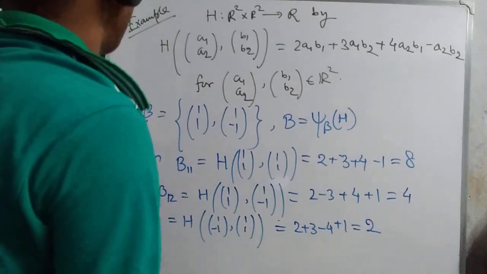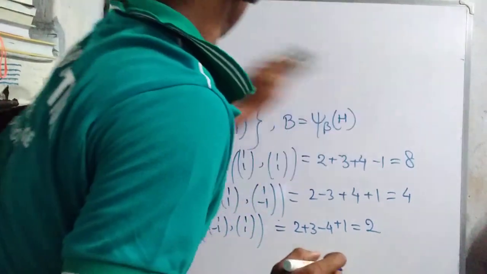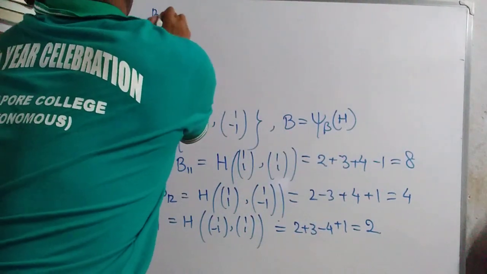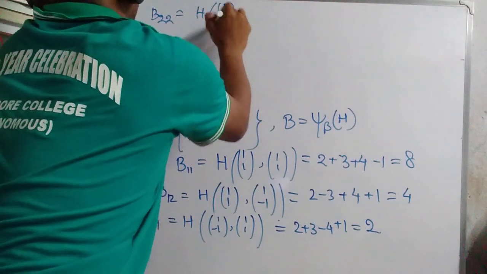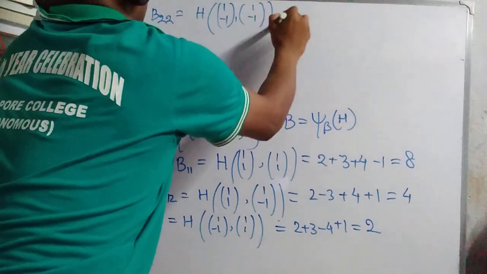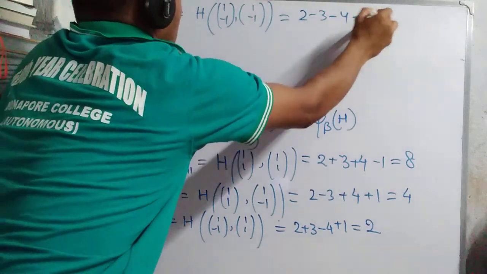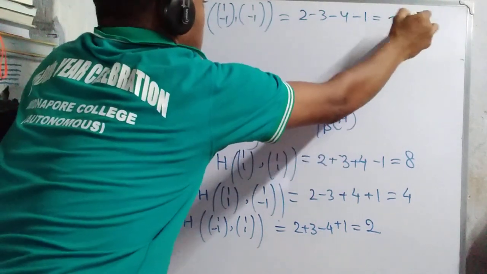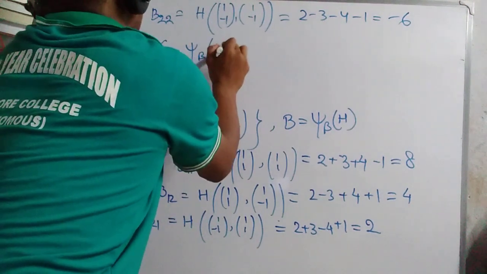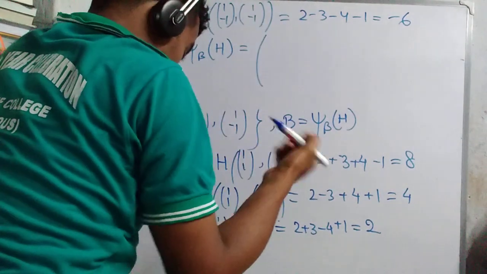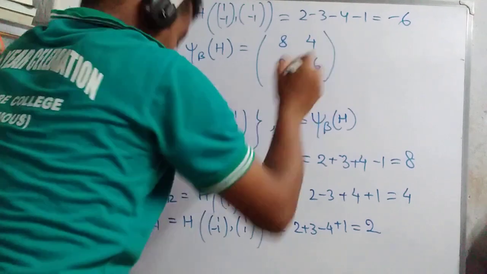Then B22 equal to H of (1,-1), (1,-1), equal to 2 minus 3 minus 4 minus 1, which is minus 6. So psi beta H is equal to the matrix with rows 8, 4 and 2, minus 6. Understood?